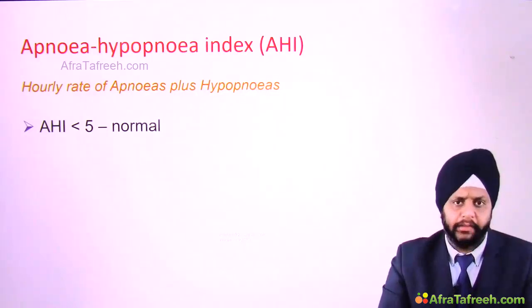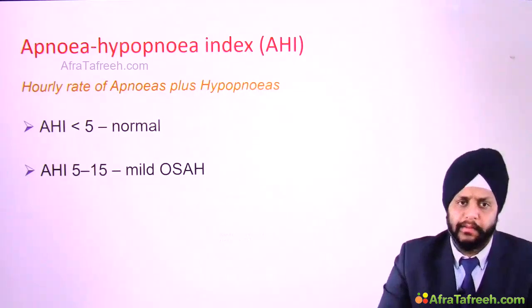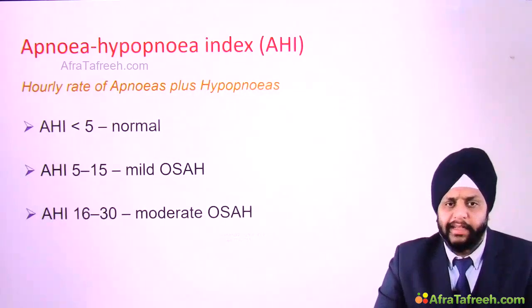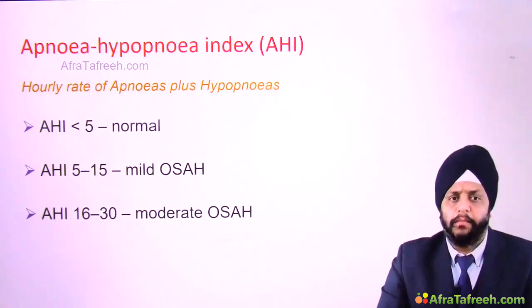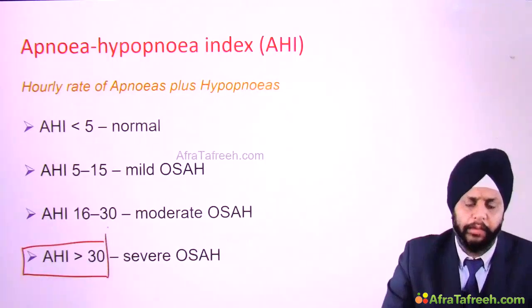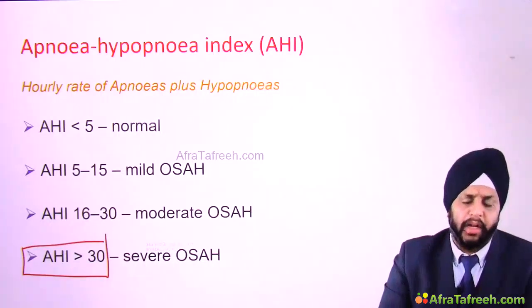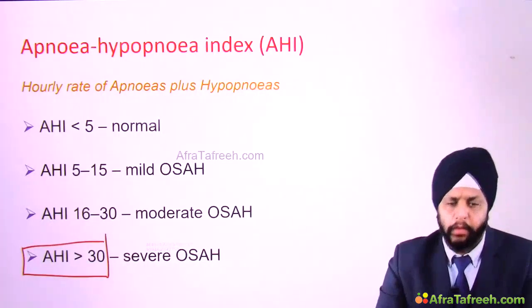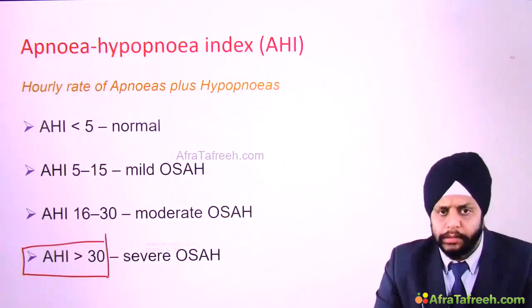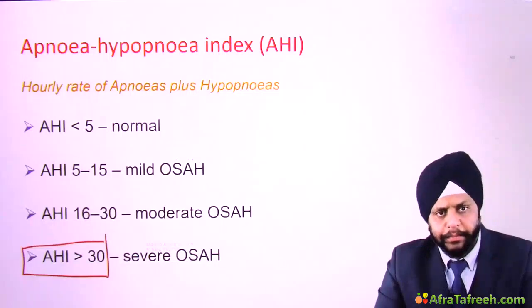So AHI less than 5 is normal, 5 to 15 is mild, 16 to 30 is moderate, and more than 30 is severe OSAH. So nowadays we don't just call it OSA, we prefer to call it OSAH, because hypopneas are also considered as equally bad as apneas, right?